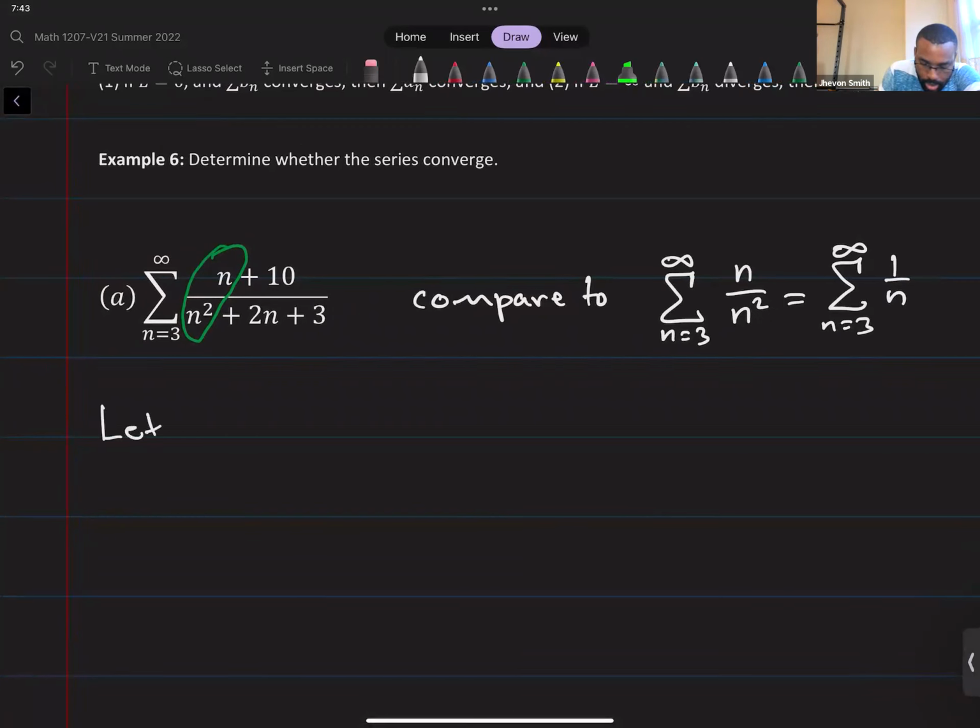Let an equal the original guy, n plus 10 over n squared plus 2n plus 3, and your bn equals 1 over n.